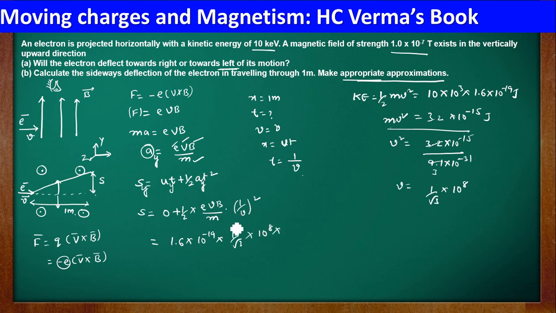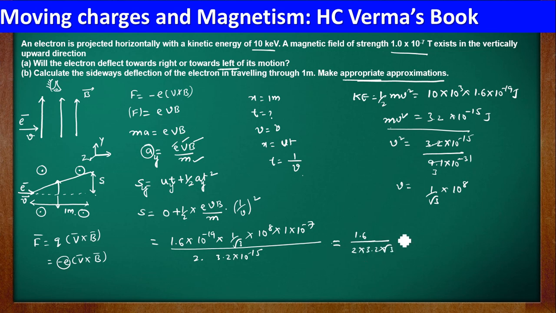What is the magnetic field here? Magnetic field 1e minus 7. Next, this is nothing but mv square divided by 2, which is already there. mv square I can directly substitute as 3.2 into 10 power minus 15. Now except for these, let us calculate the other numbers. So except this, 1.6 divided by 2 into 3.2 into root 3.